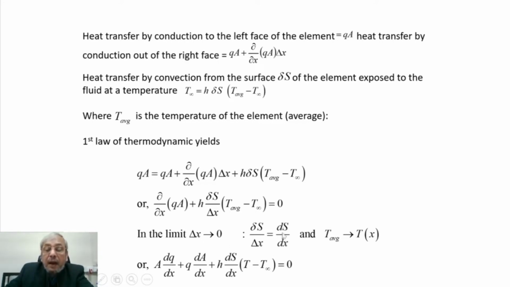That means differentiation of the surface area, and average temperature tends to T, the local T. So we can write from this equation: A dq/dx plus q dA/dx plus h ds/dx multiplied by T minus T infinity equal to 0.